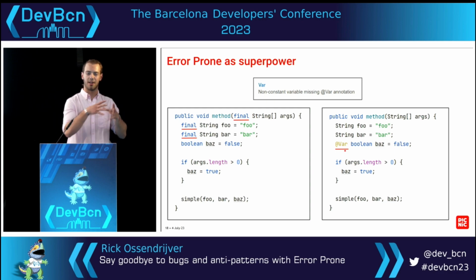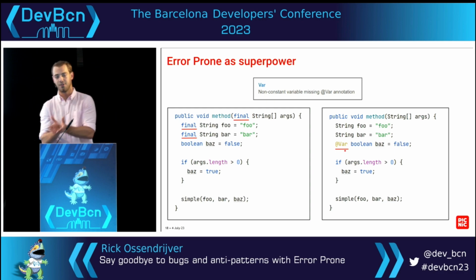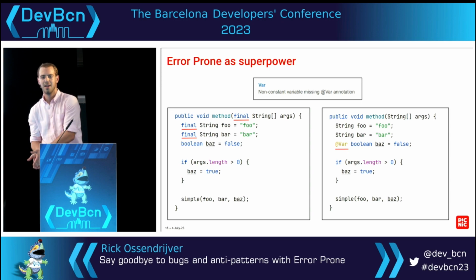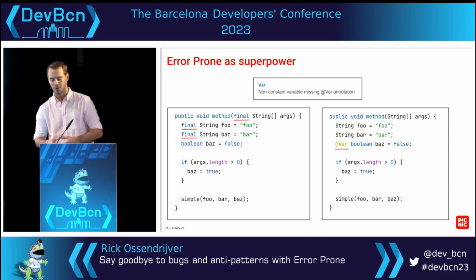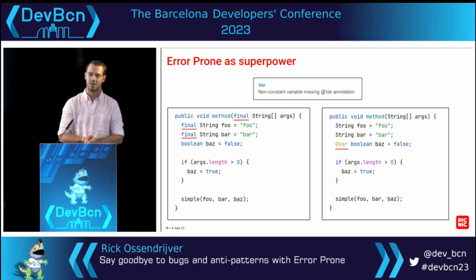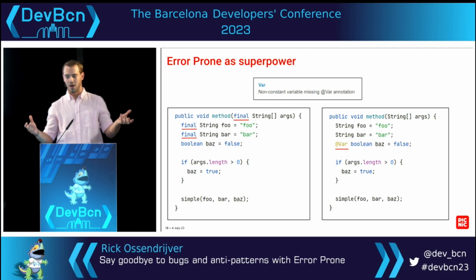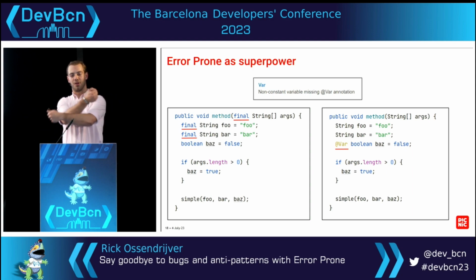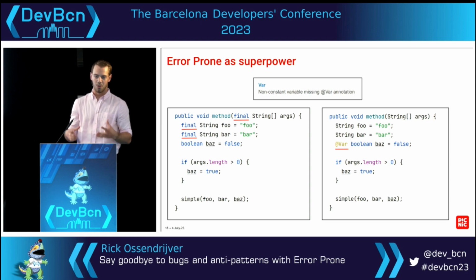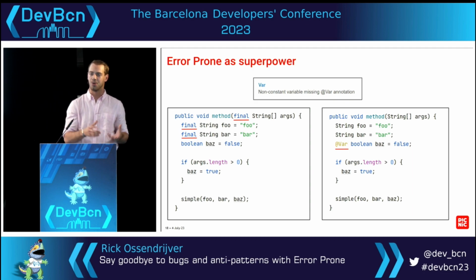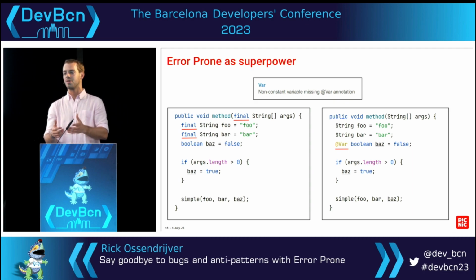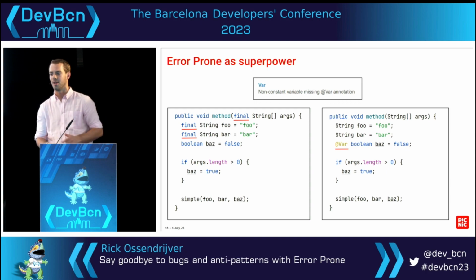So you don't need to add the final keyword because it's now the default, the immutable variant. And if you want to show that you're actually doing something with a variable, then you add the @var annotation. So this bug pattern helps you with flipping the default completely. And error-prone will make sure that you cannot miss any occurrences, because if you have a local variable that you're changing, error-prone will say, hey, you need to add the @var annotation here.